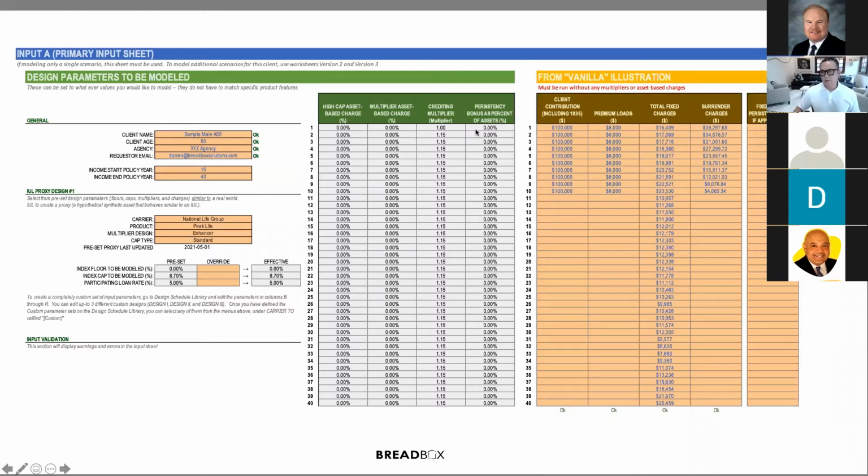Then what we'll do on the right-hand side, you'll input here the client contributions, which would be the equivalent of the policy premiums. You can input the premium load charges, the total policy charges, as well as the surrender charges.